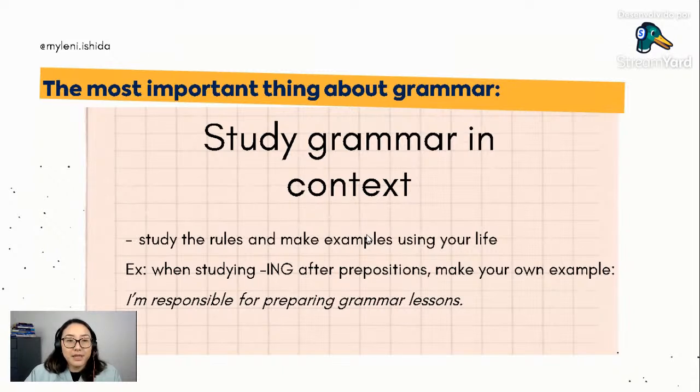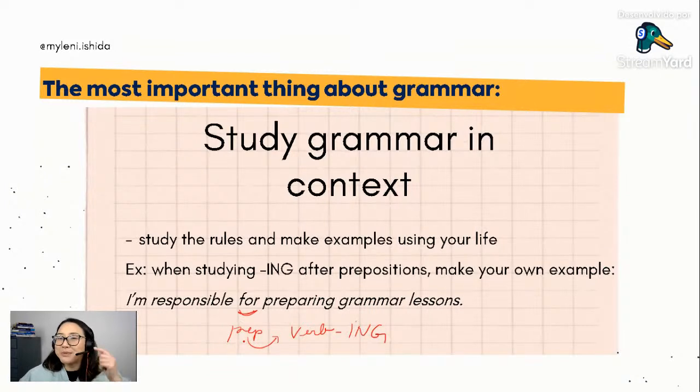The rule here is for is a preposition, right? So let me make some comments here. For is a preposition. Prepare is a verb. After the preposition, when I have a verb, the verb goes with ing. That's the rule.